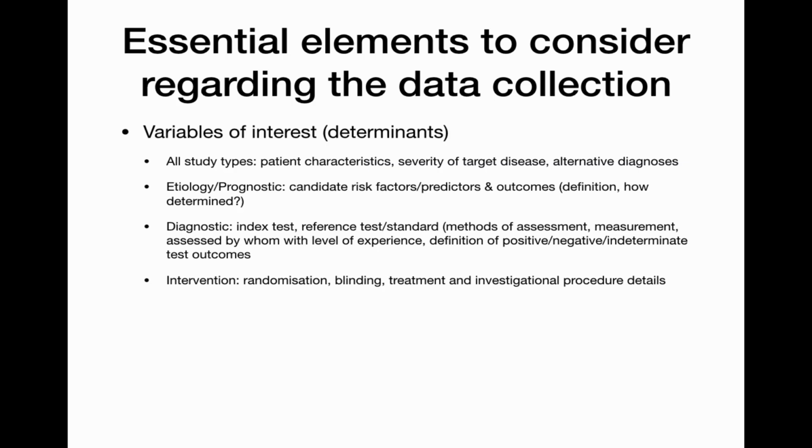In diagnostic studies, we need to think about the index test that we use and the reference test or standard, and obviously the methods to assess these tests, the precise methodology for measurements, who will assess the tests with which level of experience, how do we define a positive or negative or maybe even indeterminate test outcome.